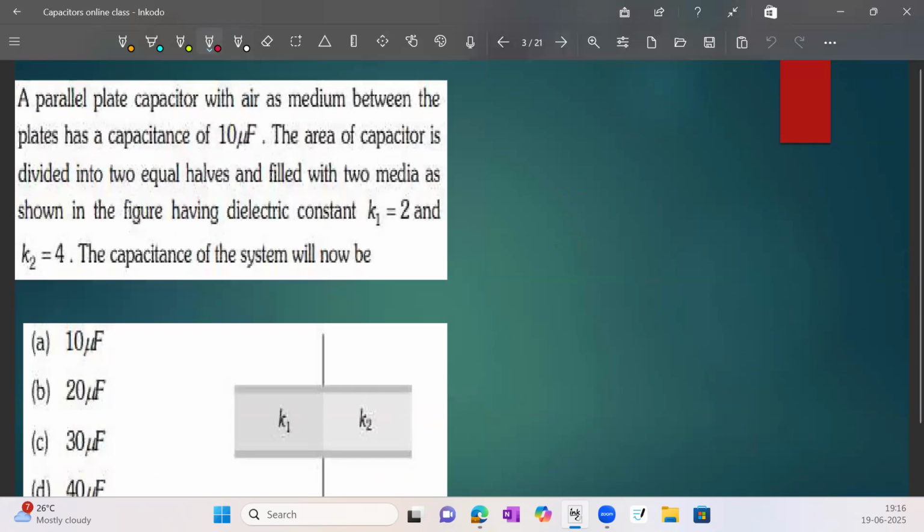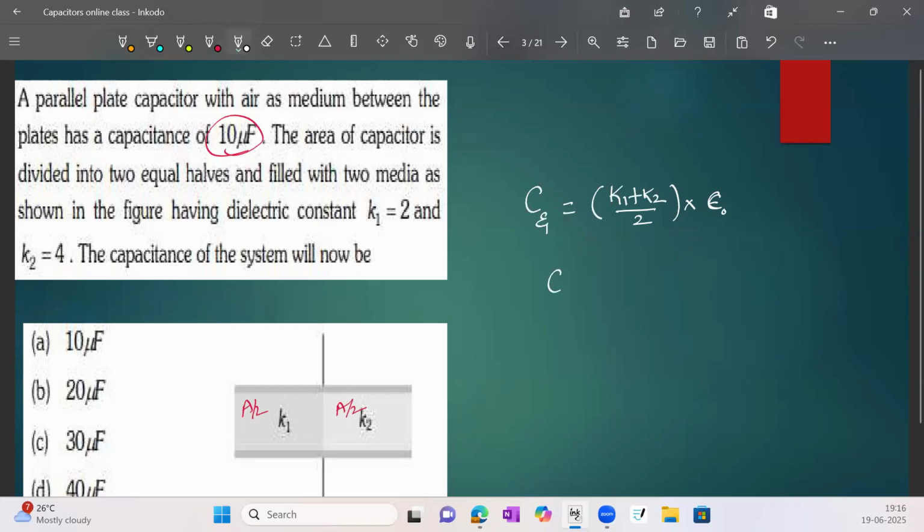Now see the second problem. In the second problem, we can use the previous formula. Here A by 2 and this is A by 2. Now the equivalent capacitance C equivalent equals K1 plus K2 by 2 into C naught. In the problem they give the C naught value as 10 microfarad.